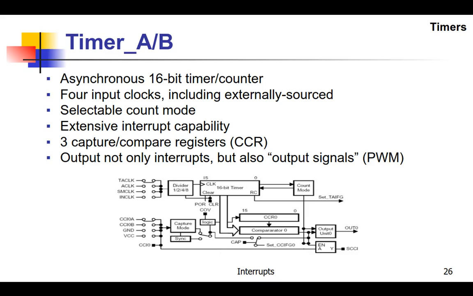These timers have just a host of interrupt capabilities. They have 3 capture and compare registers, which are very handy for setting the timers to go to a specific value. And they're also useful for making PWM.